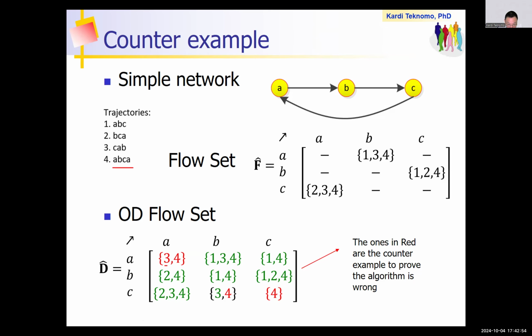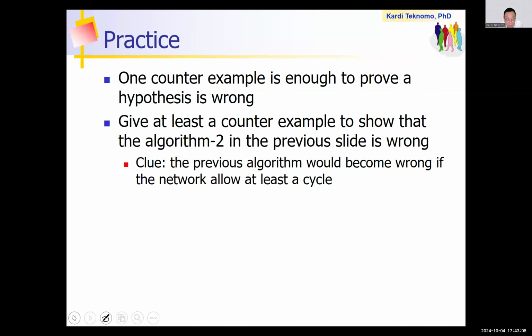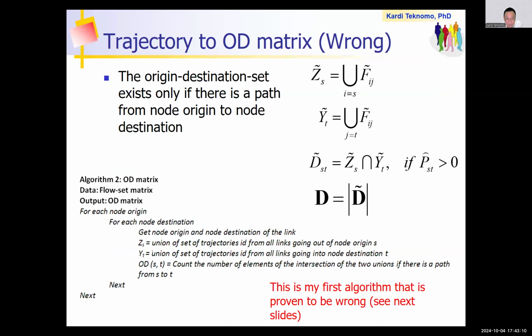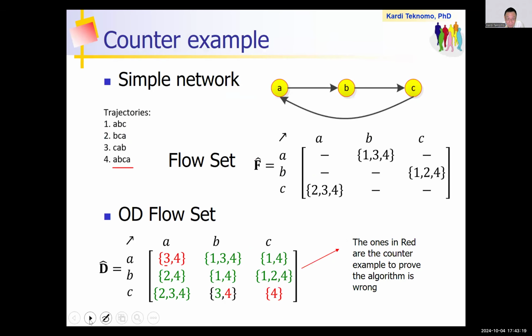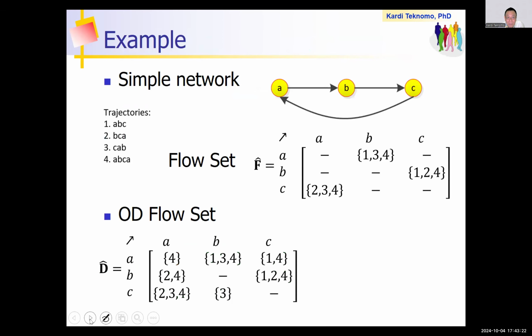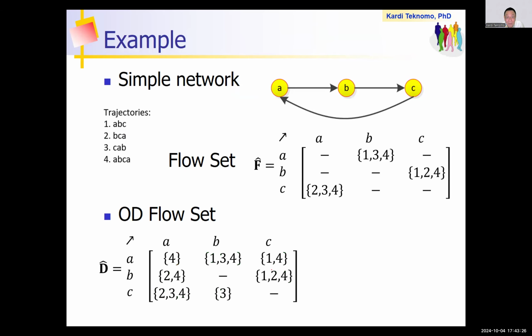Based on that, I corrected the algorithm. It is based on direct and indirect link flow. Initially I just used a set union. Can you see this? Based on the union of the set, that's why we have this direct and indirect link flow. So this is the correct result.